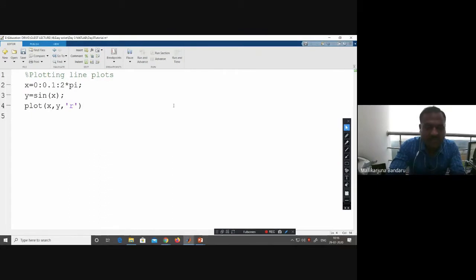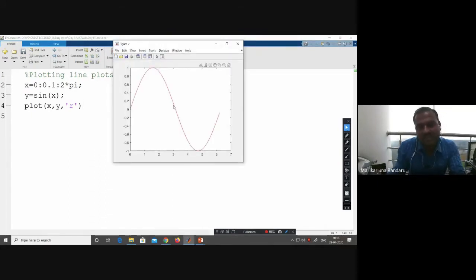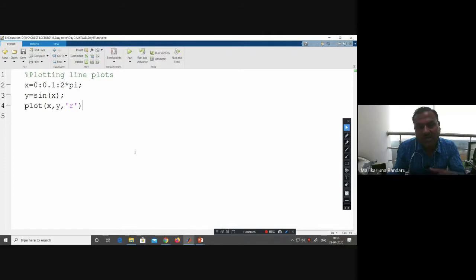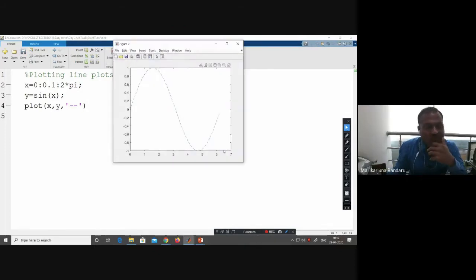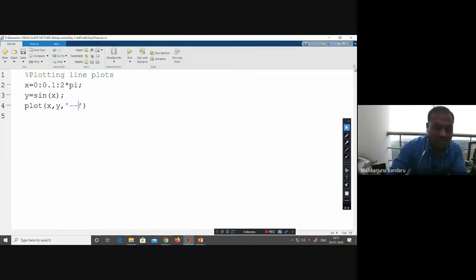Yes, red. This is red. Or you'd like to change the style. I don't want a solid line. Suppose the dotted lines. See, now it is dotted lines. But you have to make both: the color should be red, and the plot's style to be a dotted line. So for that, simply make the combination like this.